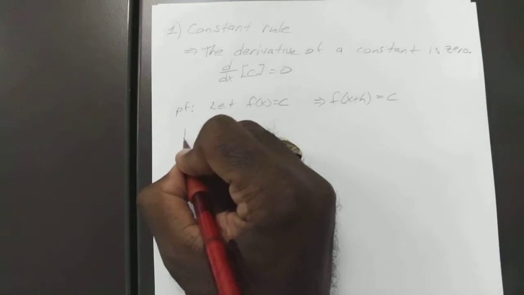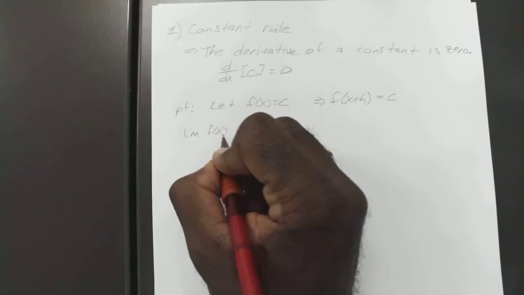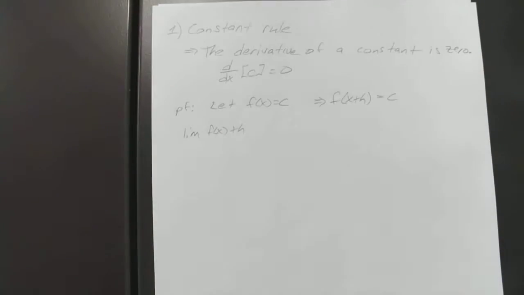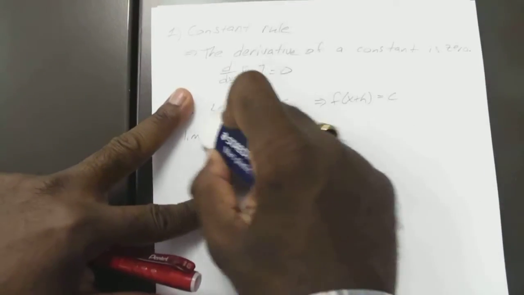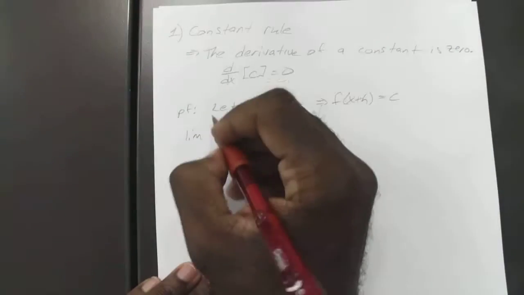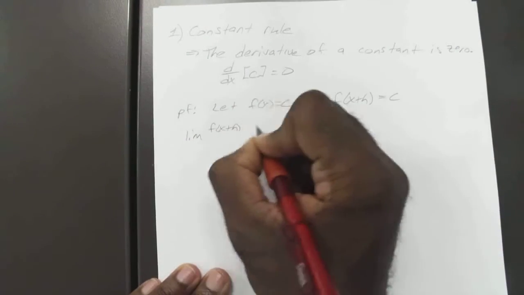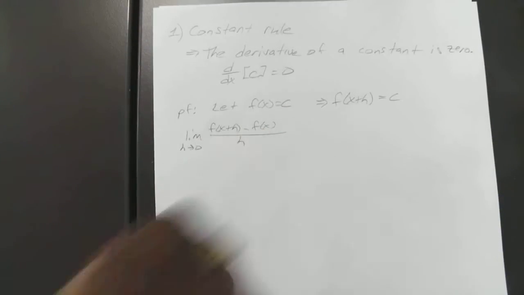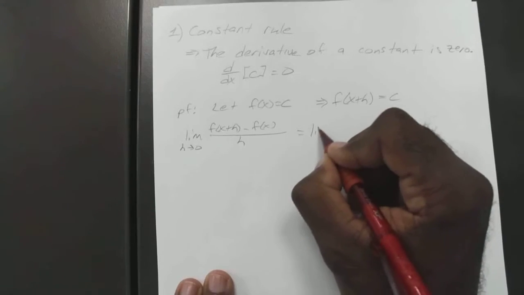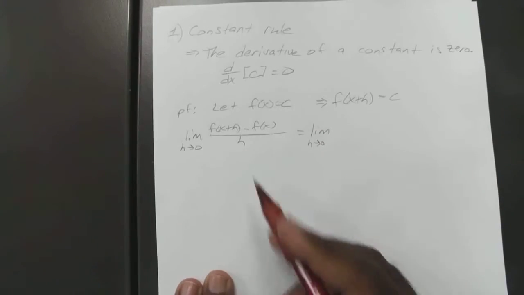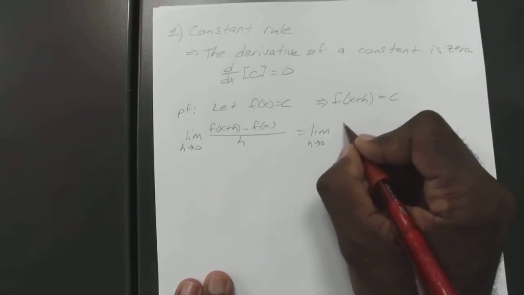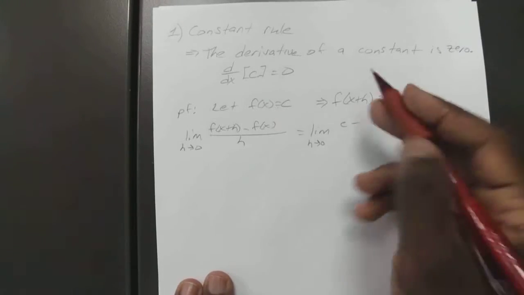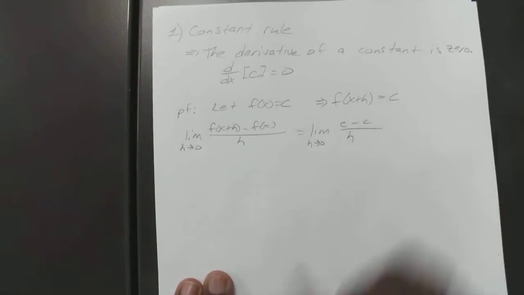So the limit of f of x plus h minus f of x all over h as h approaches 0 is equal to the limit as h approaches 0 of our f of x plus h, which is just a constant, minus our f of x, which is just a constant, all over h.